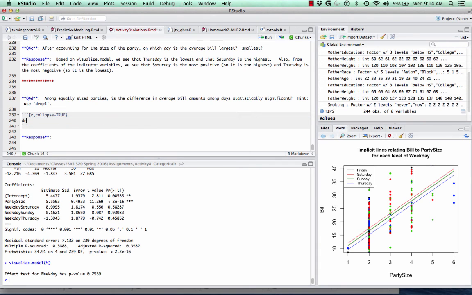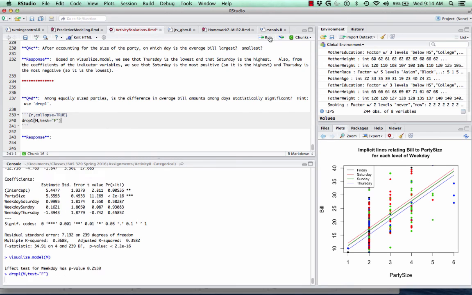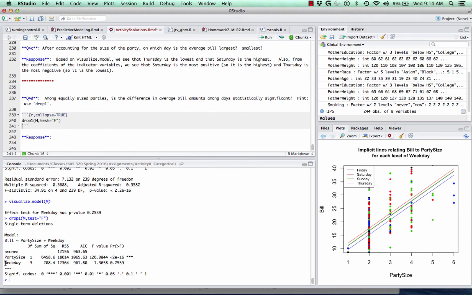So what we need to do is that partial F-test that we can do with drop1. And we'll look for weekday, 3 indicator variables here. We see the p-value is actually bigger than 5%. So the p-value is 0.2539, bigger than 5%.